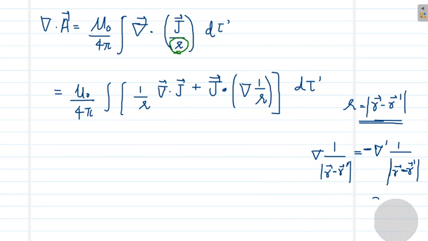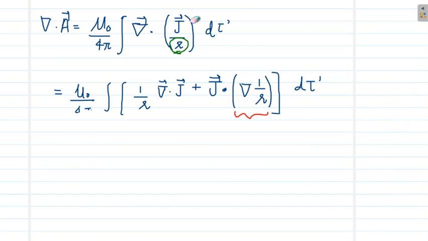So substituting for del of 1 by r in terms of del dash of 1 by r bar minus r bar dash, I can rewrite this equation as mu 0 by 4 pi into integral. For convenience, let me first take this del dot of j bar by r alone.